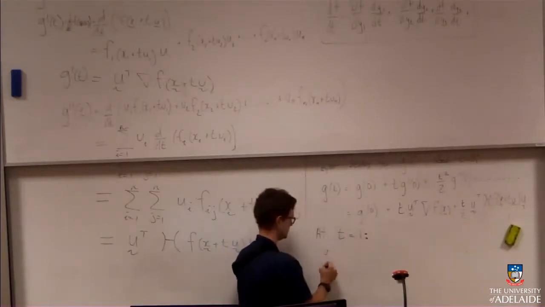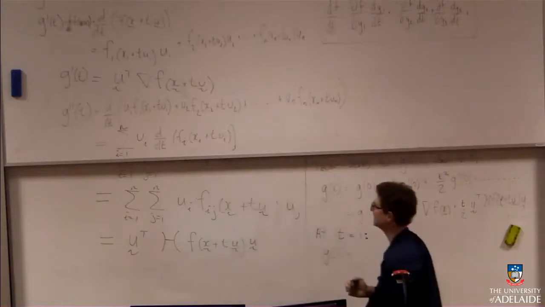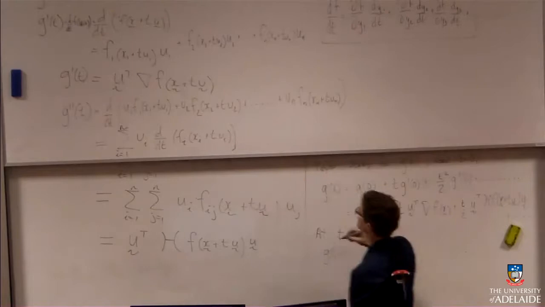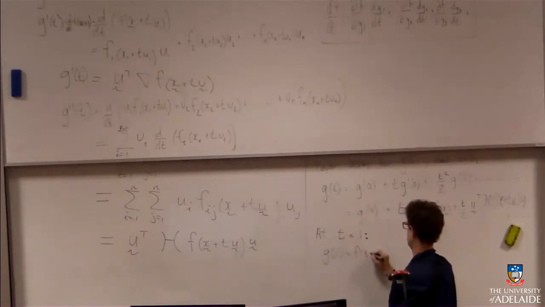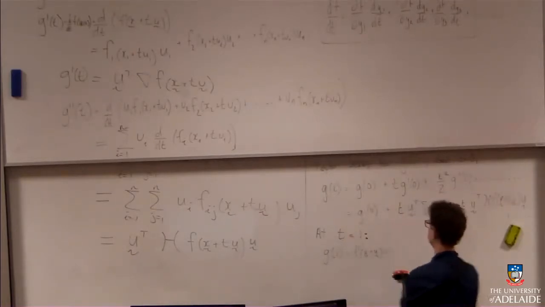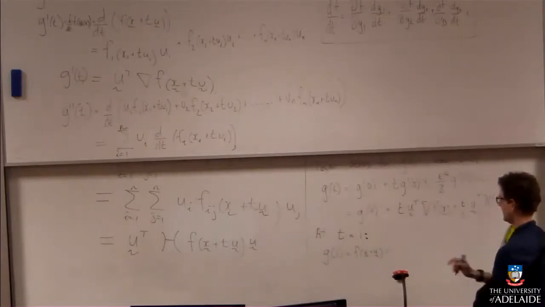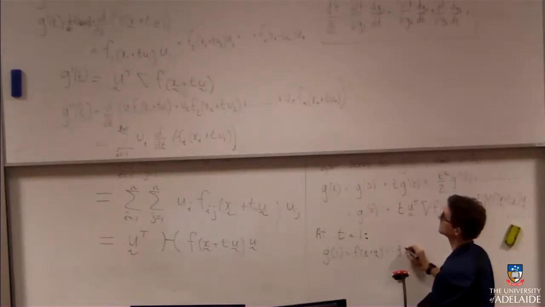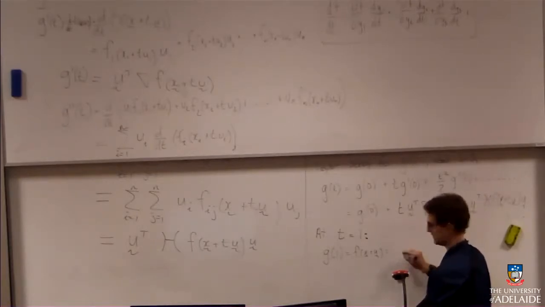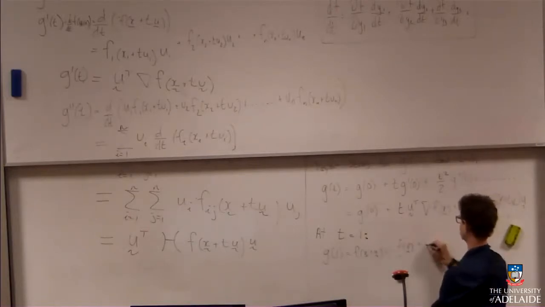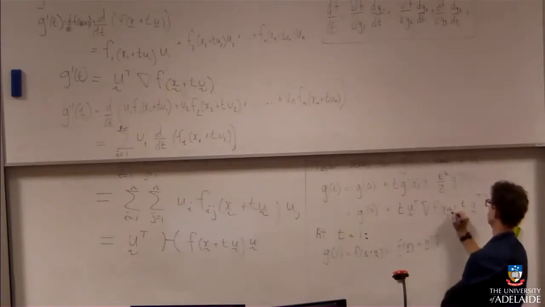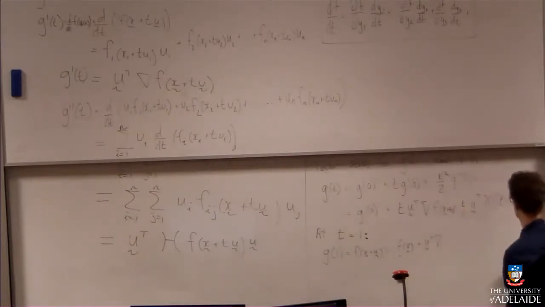This is why. g of 1 represents f of x plus u, and then g of 0 is f of x. That's 1, and now these things are exactly the same. So this should actually be x plus u. That makes more sense. So these things are correct.